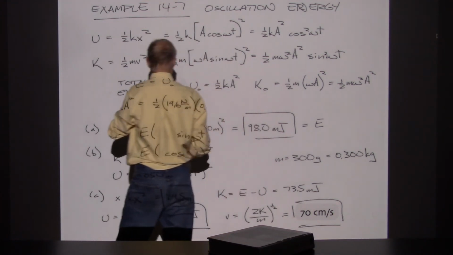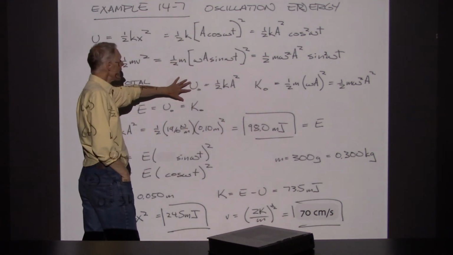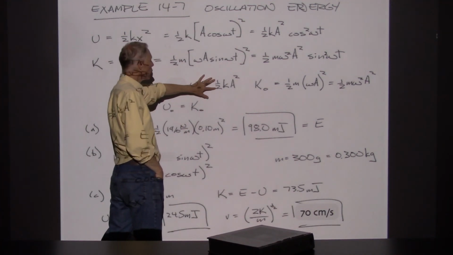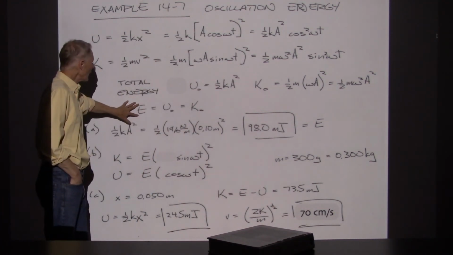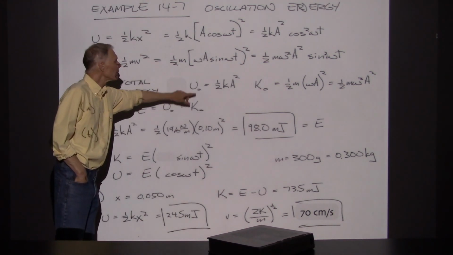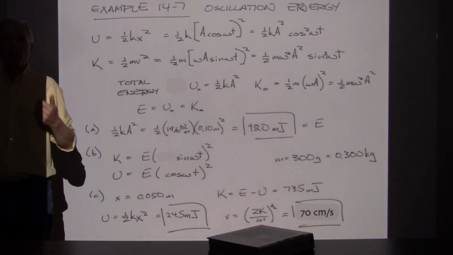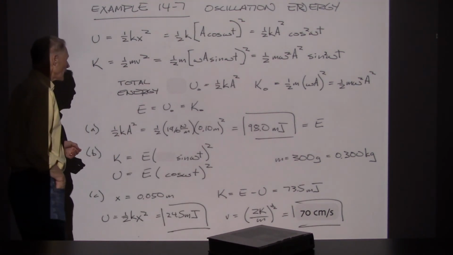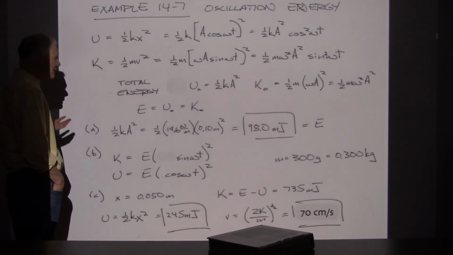So the total energy could be written as the maximum potential. Now the maximum potential energy is 1/2 ka squared. The total energy could be maximum potential or maximum kinetic. They can both be represented as 1/2 ka squared. So let's calculate those numbers.